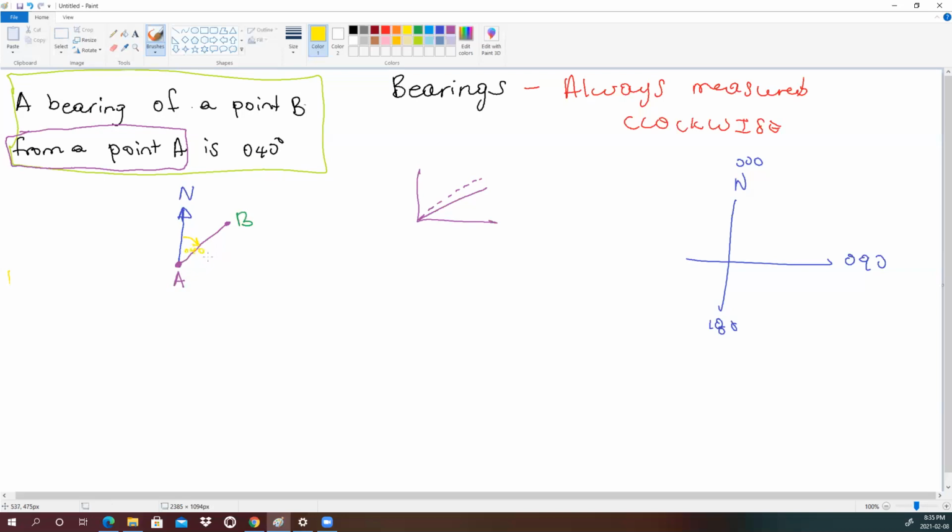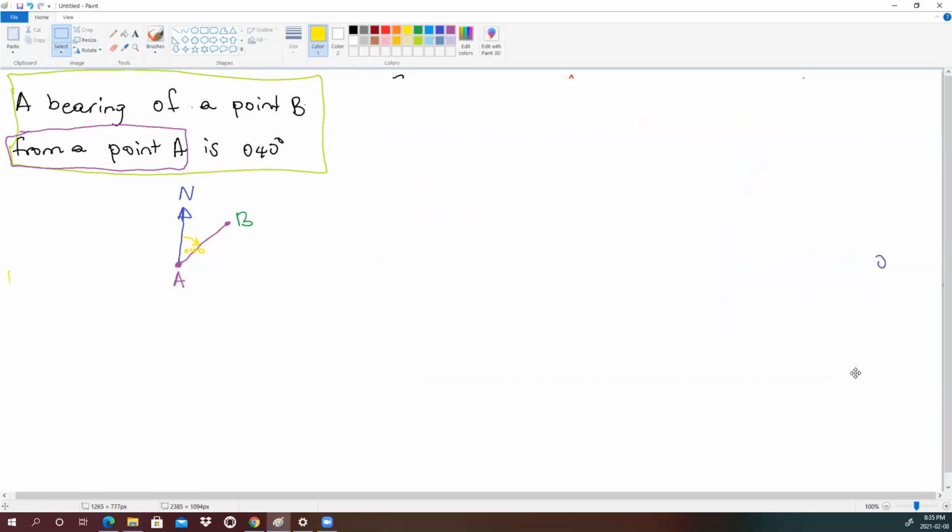It is 40 degrees. Everybody following me so far? Yes. But Miss, you're going to need a protractor to do this? No, you don't need a protractor, and you don't need graph paper. So this is it: a bearing of point B from point A is 40 degrees.